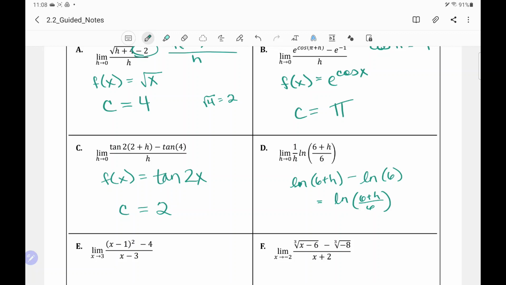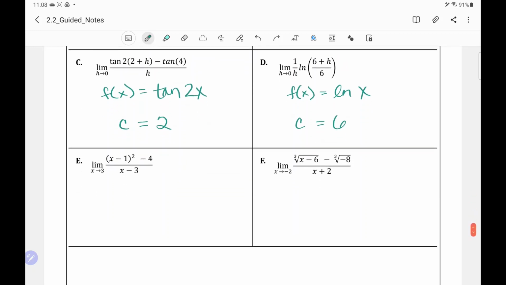You may not remember that all the way back in Algebra 2, but that is how they simplified this. So this is actually much easier than it looks. We're taking the limit. We've got the 1 over h. So f of x is the natural log of x, and c is 6 because it's right there. Okay? So that's how we got the answer to that one. It's based on the rules for simplifying natural logs.